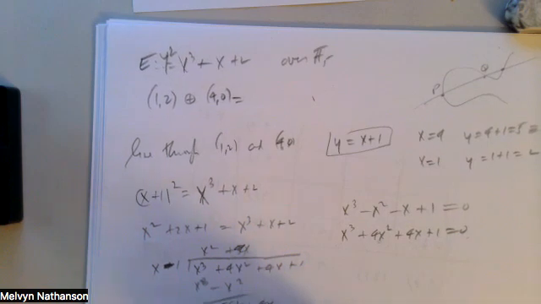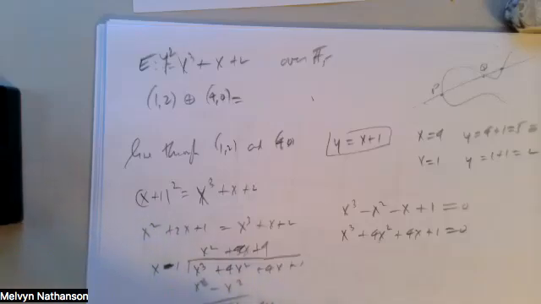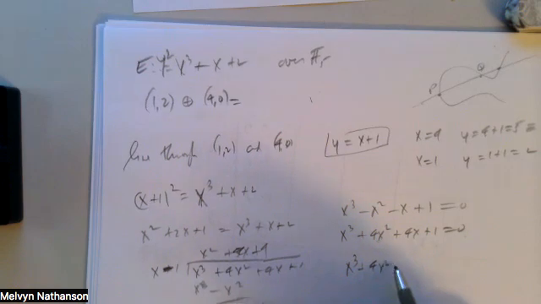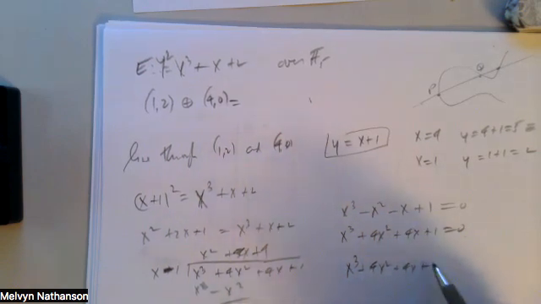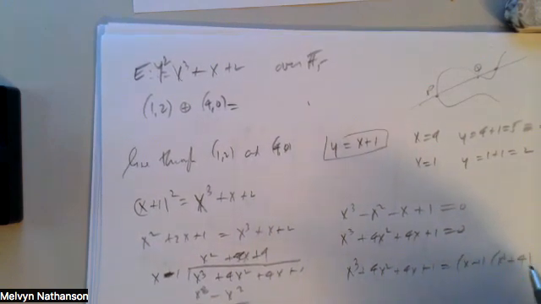Bring down 4x. It goes in 4 times. 4x minus 4, 1 minus, that's 0. So x cubed plus 4x squared plus 4x plus 1 mod 5 is x minus 1 times x squared plus 4.